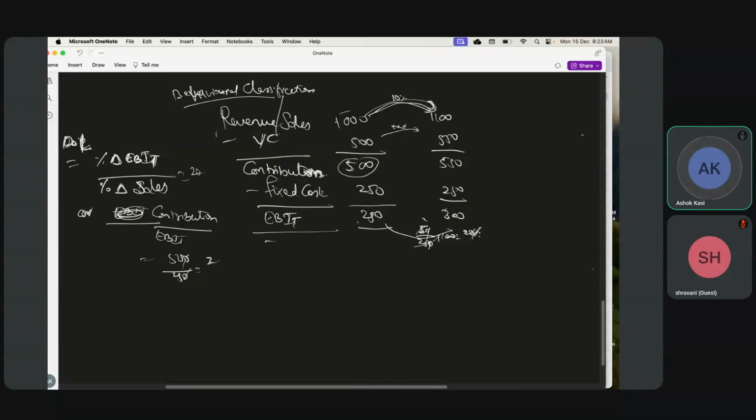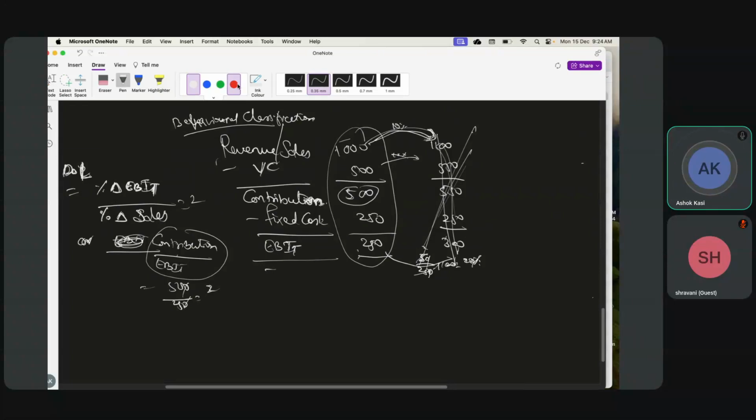This is also equal to 2. Is it okay? So this is for the base case scenario. Base case means, suppose if only the first part is given, then my degree of operating leverage is contribution divided by EBIT. Have you understood this one?